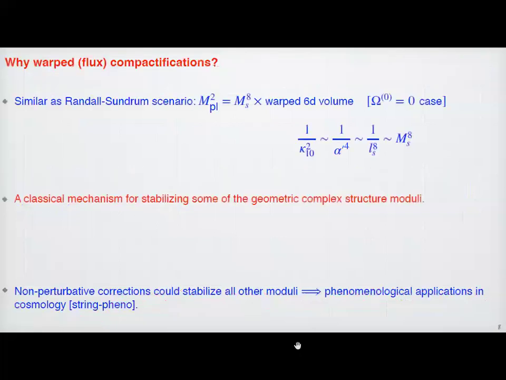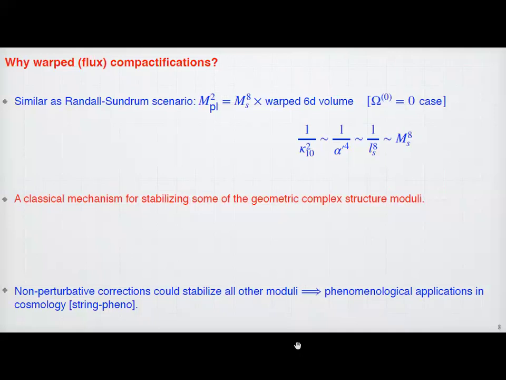Okay. So before going into details, I just want to show one slide on why flux compactifications. It's nothing but the Randall-Sundrum scenario for string theory, from 10D to 4D instead of 5D to 4D. So the relations are there.